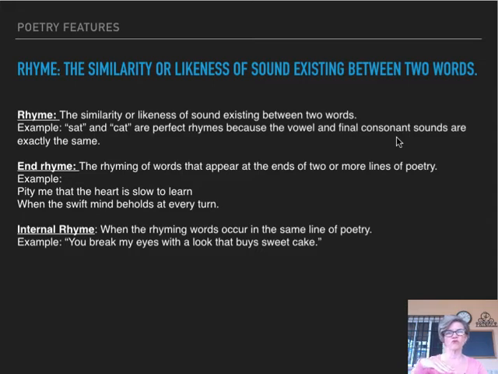And the more syllables involved in the rhyme, the stronger the rhyme is. Sometimes you'll see terms like masculine or feminine rhyme. But it all has to do with the amount of syllables involved in the rhyming.